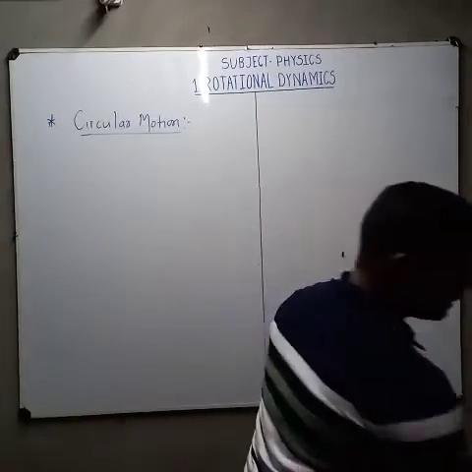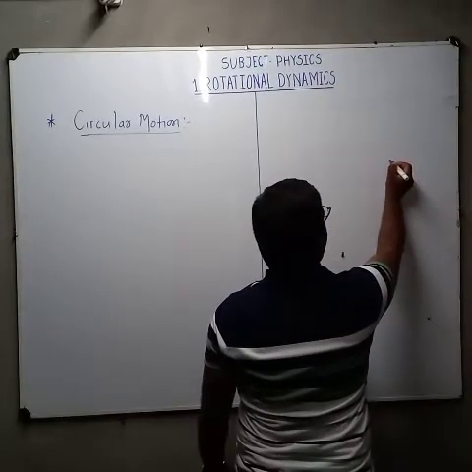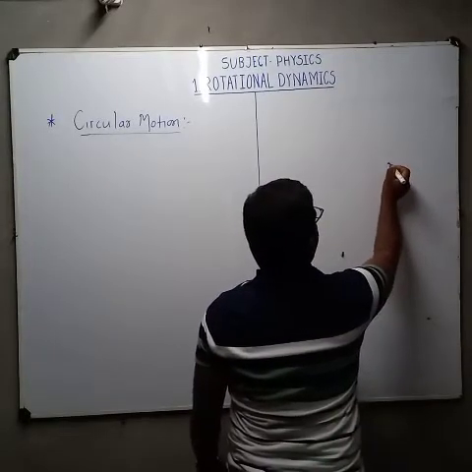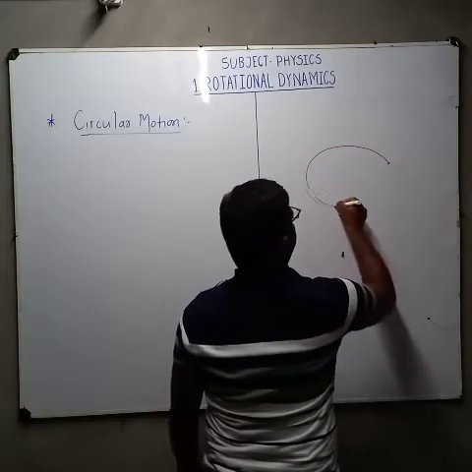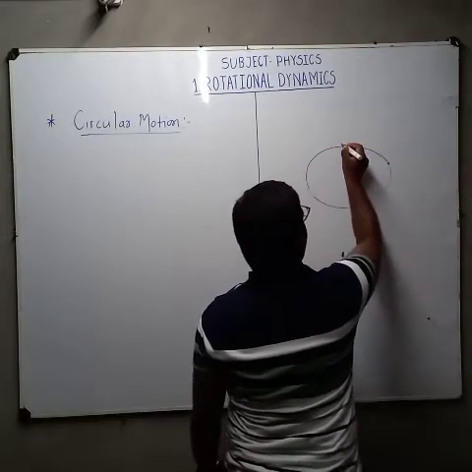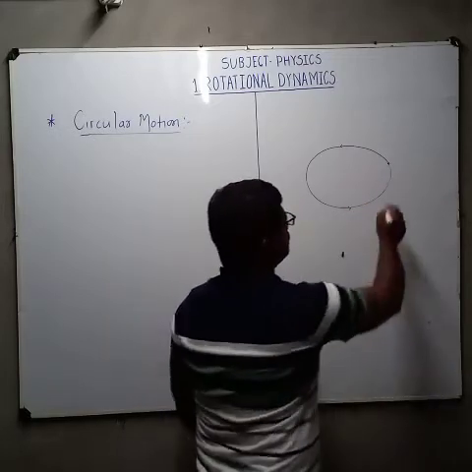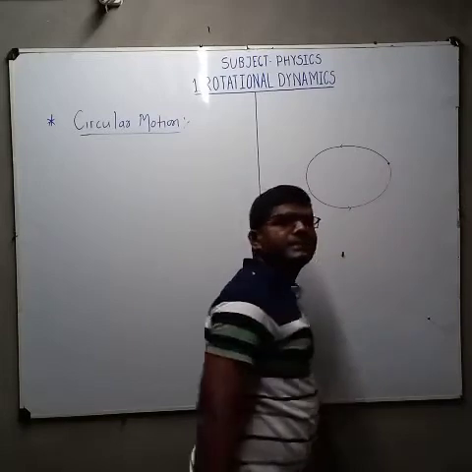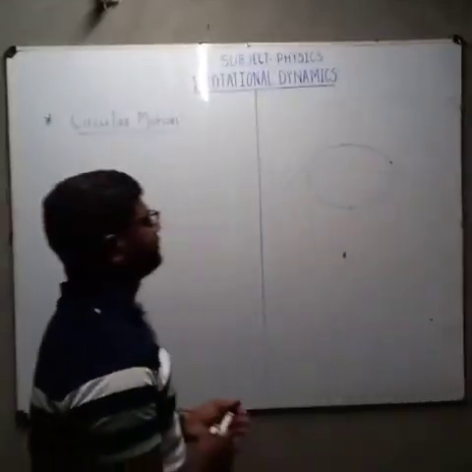Suppose this piece of chalk moves along the circumference of the circle. So the motion of the piece of chalk is circular motion.